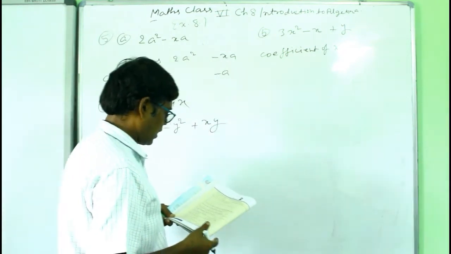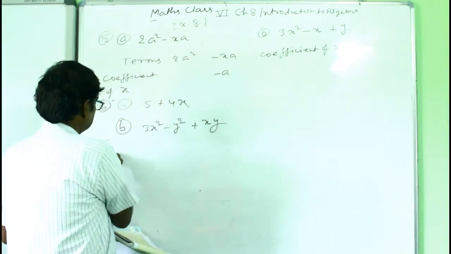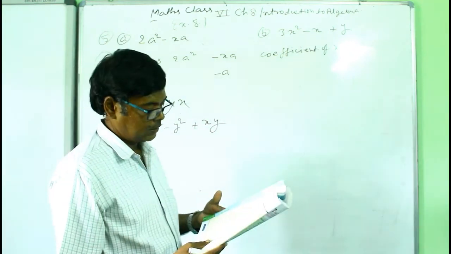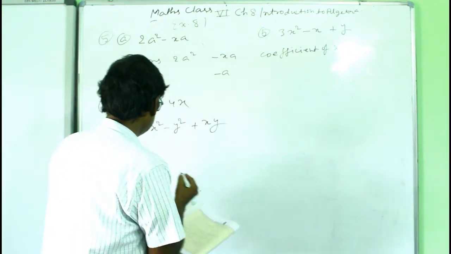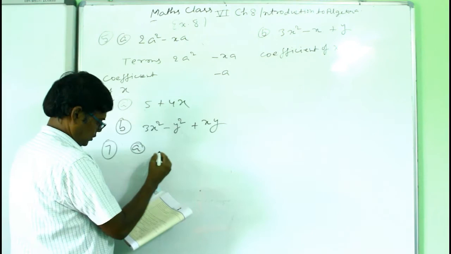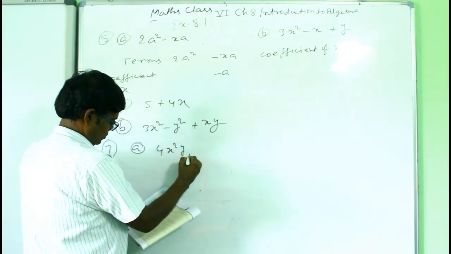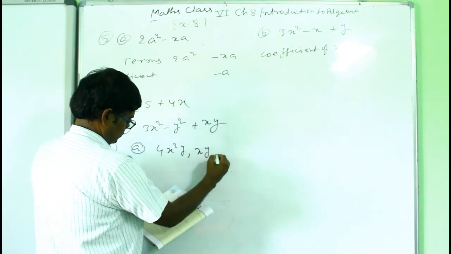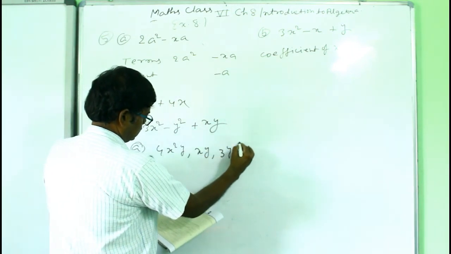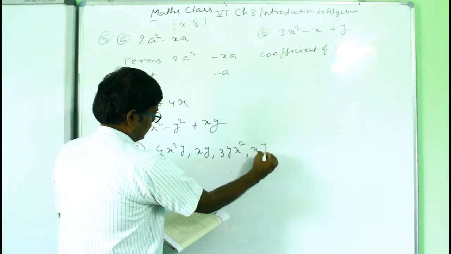So next is identify the like terms in this. Question number 7, like terms. So here the first question is 4x square y, xy, 3y x square and xy square.